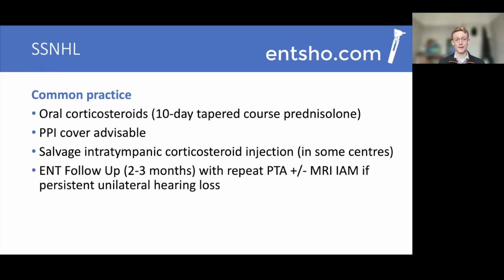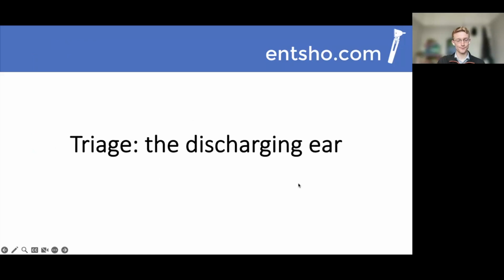Again, I would recommend ENT follow-up, 2 to 3 months after with a repeat audiogram. And if you've got persistent unilateral hearing loss at this point, you might consider doing an MRI to exclude an acoustic schwannoma or other intracranial cause of the hearing loss, as well as making sure people are referred for hearing aids and things to deal with this hearing loss.